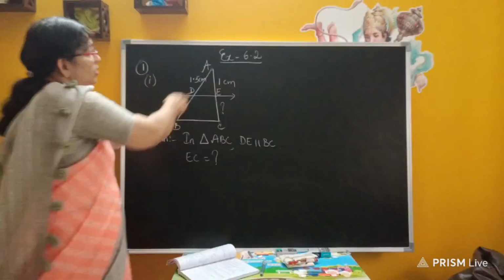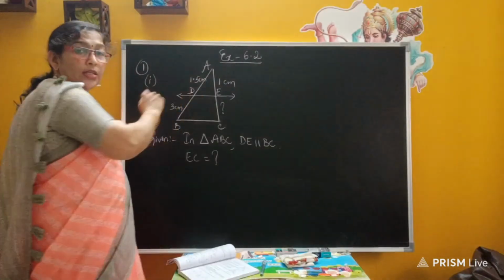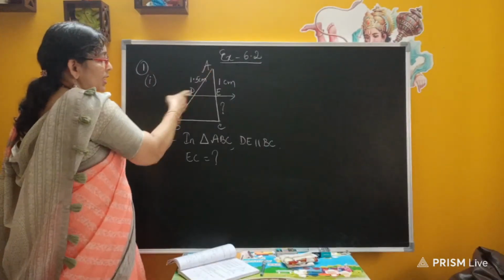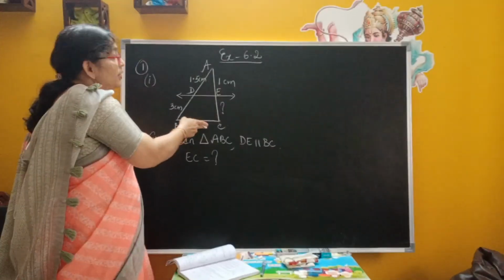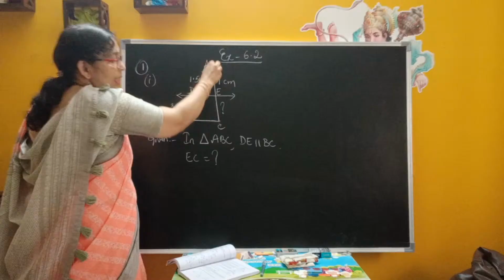Based on the figure, using Thales theorem: here DE is a line parallel to BC, one of the sides of the triangle ABC. The other two sides are AB and AC.